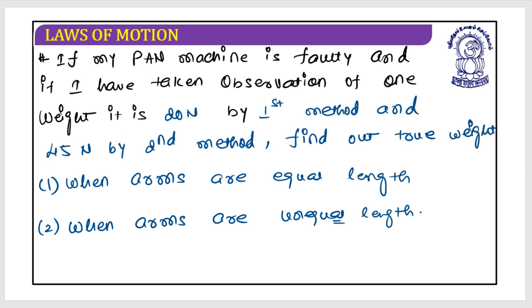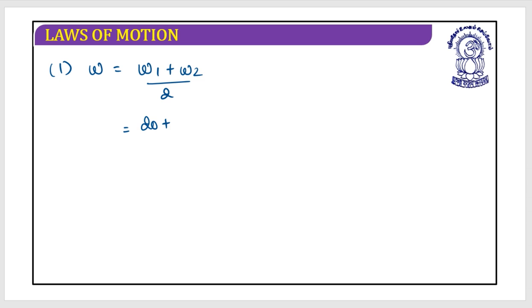In one method it was 20 Newton, in the second method 45 Newton. So this is (20 + 45) / 2, which is 65 / 2, that is 32.5 Newton.